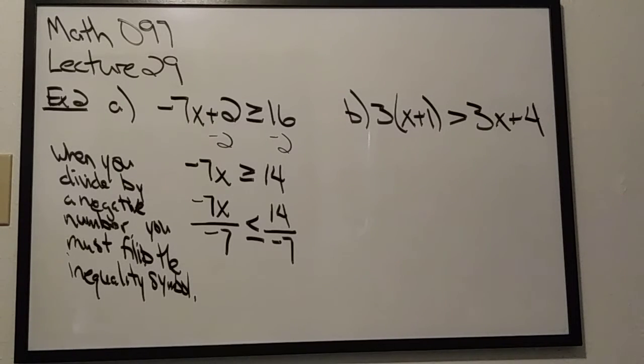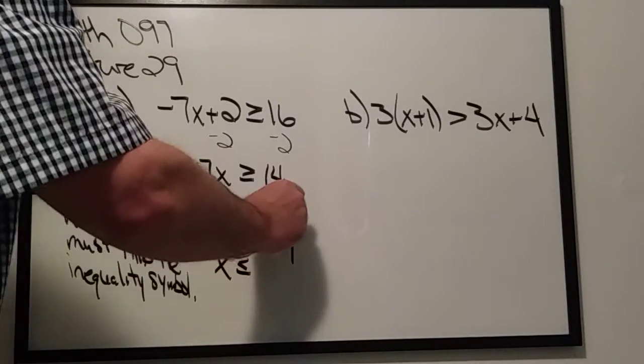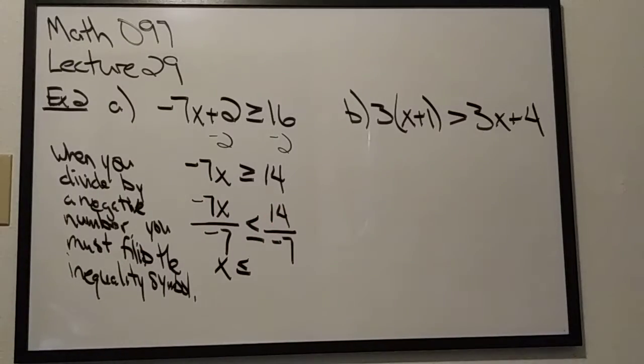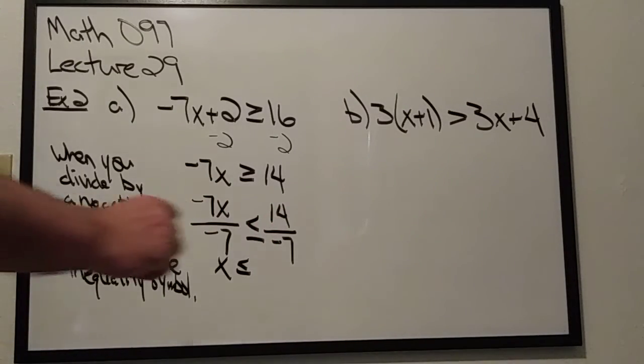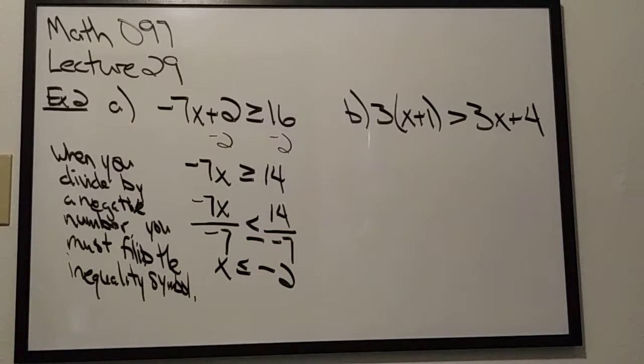So now let's simplify both the left-hand side and the right-hand side. Negative 7 divided by negative 7, that's going to be 1. So we have x less than or equal to 14 divided by negative 7. Positive divided by a negative is going to be a negative, and then 14 divided by 7 is going to be 2. So we have x is less than or equal to negative 2.